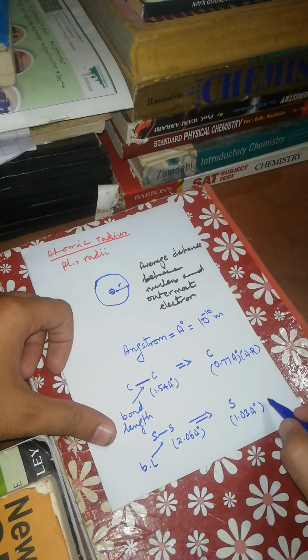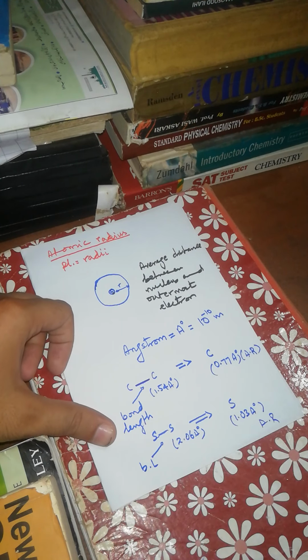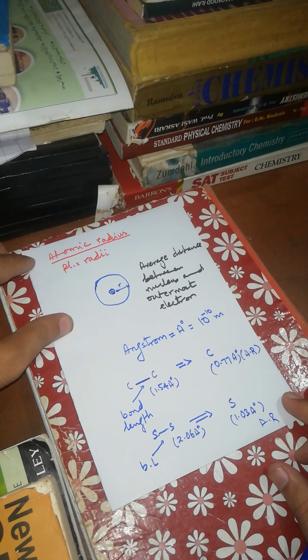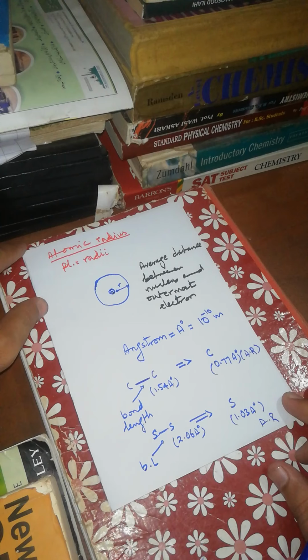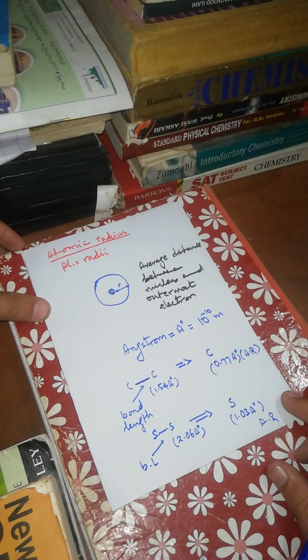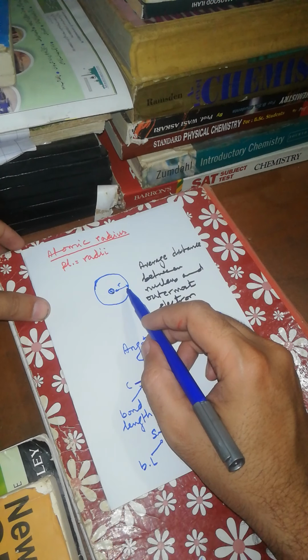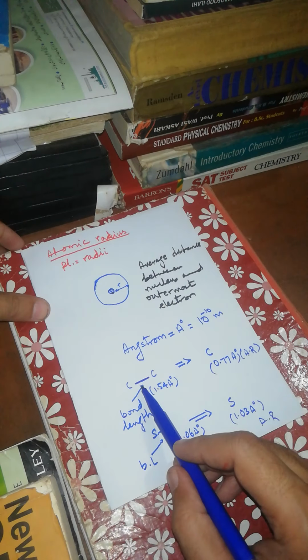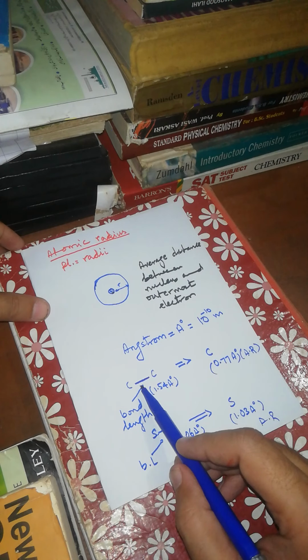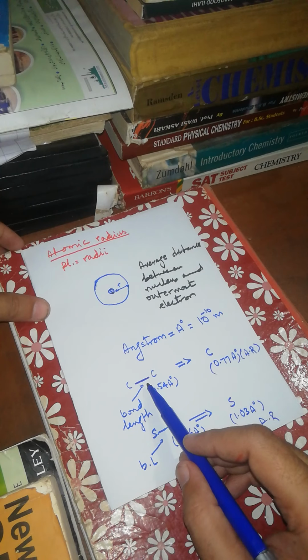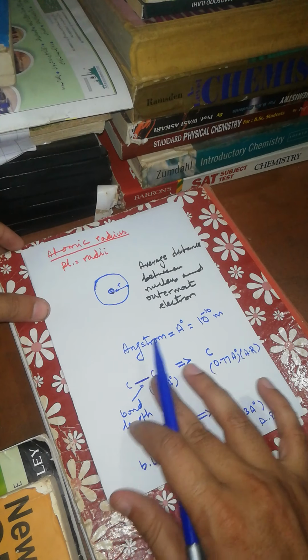It is the atomic radius of sulfur. So it is important to recall that atomic radius is the distance between the nucleus and the outermost electron, and this is always measured by measuring the bond lengths. It is half of the bond length between two similar atoms.